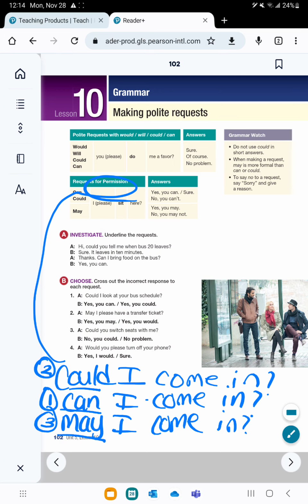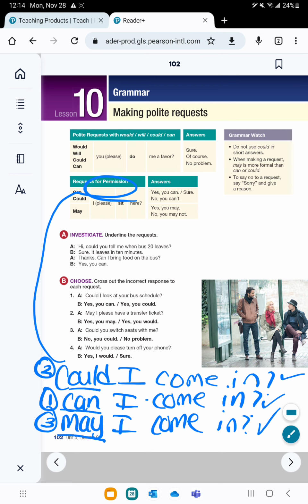If you're going to your friend's house, you would probably say, can I come in? If you're going maybe to your teacher's house, then you probably would ask, could I come in? A little bit more formal, but not super formal. Now, if you're talking to your boss or to someone really important, you might want to be very formal and say, may I come in?